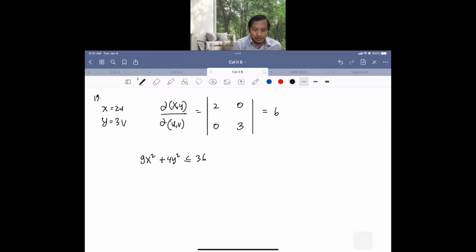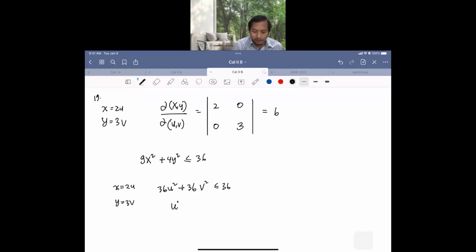And we know that since x is equal to u, if we input here, this will be 36u squared, and y is 3v, so if you put it inside, this will be plus 36v squared.